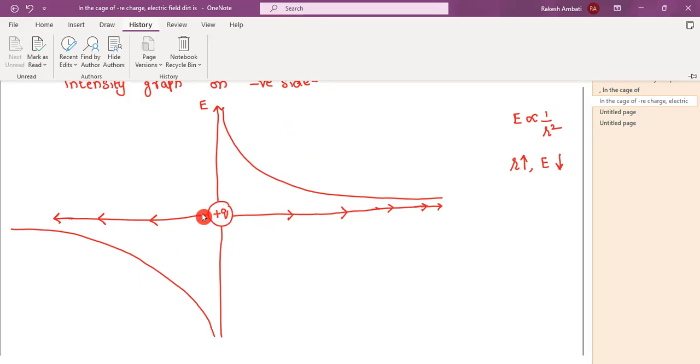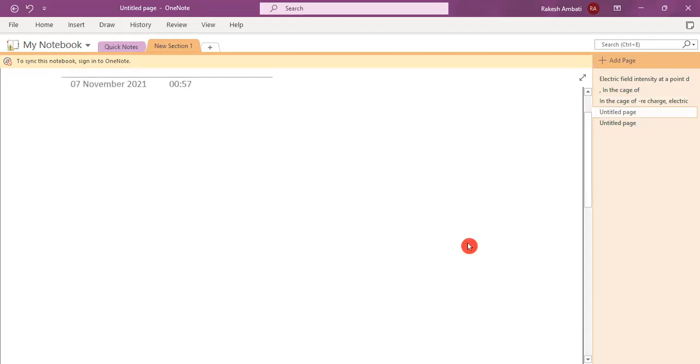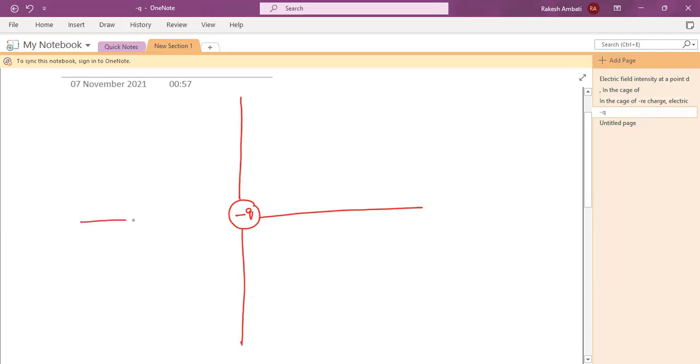So that is the intensity distance graph for a positive charge. Now, if we have a negative charge, we have to draw a graph between intensity and distance.